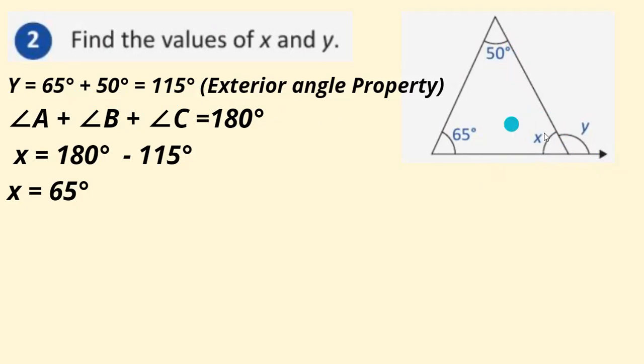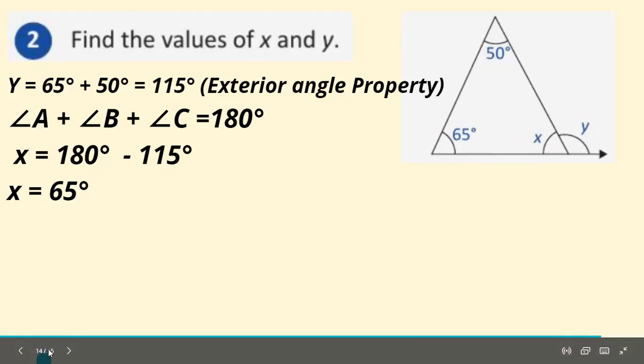So 115 is your y. Using the angle sum property, we can find the x value, that is A plus B plus C is equal to 180 degrees, and we know the sum of these two is 115, and from 180 you subtract 115, so x will be 65 degrees.